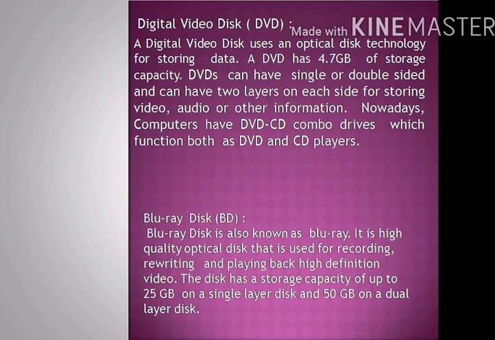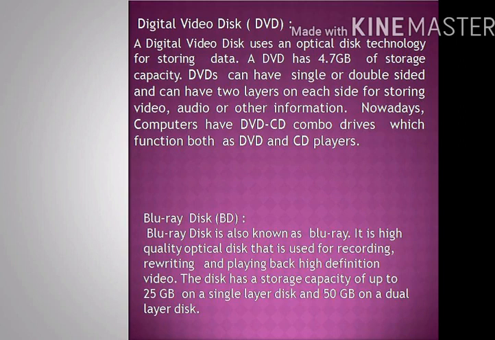It can be single or double-sided and can have two layers on each side for storing video, audio, or other information. Nowadays, computers have DVD-CD combo drives which function both as DVD and CD players.